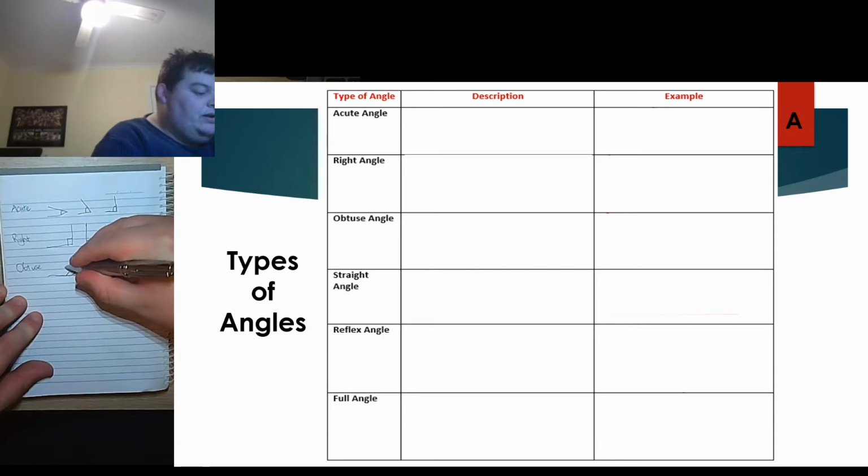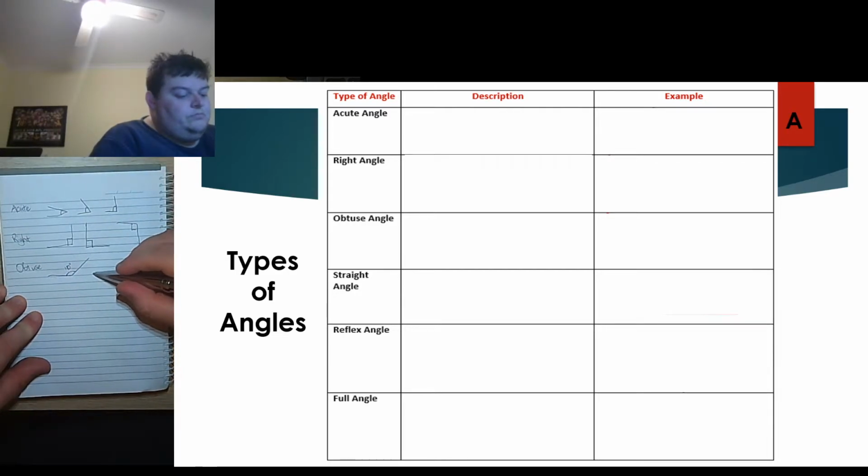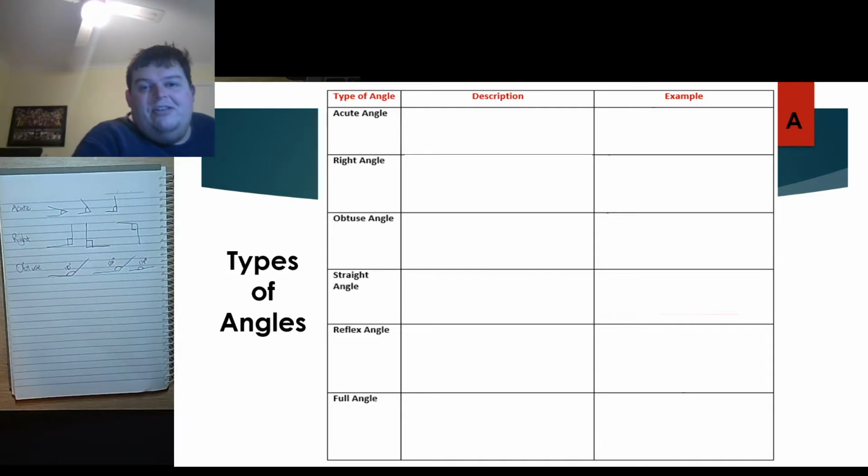This could be 110 degrees, or an angle like this, which could be, I don't know, 120 degrees, or it could be like this, which could be 179 degrees. All those are considered to be obtuse angles because they're less than 180, but they are greater than 90.